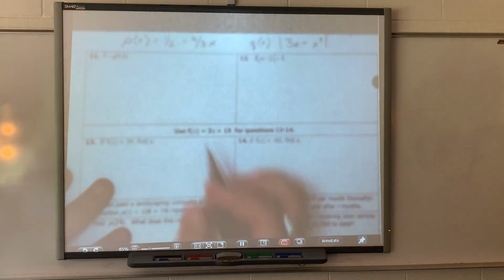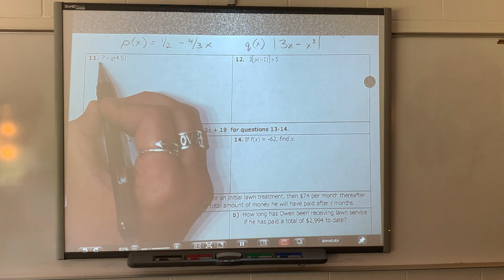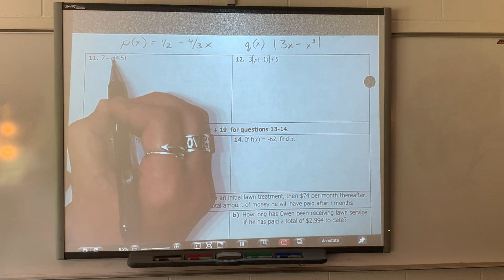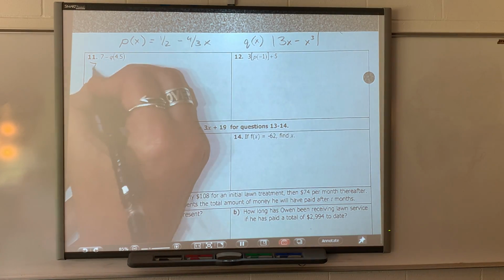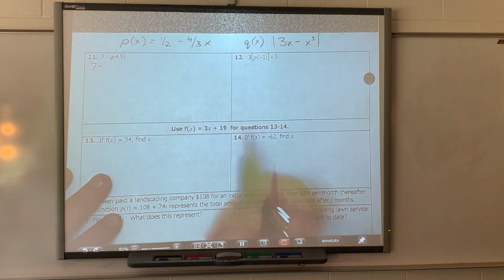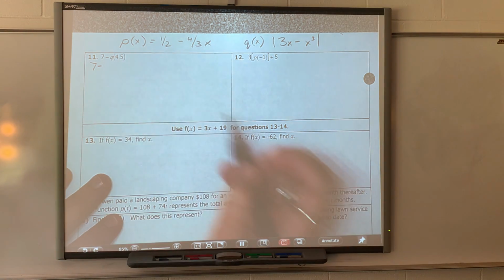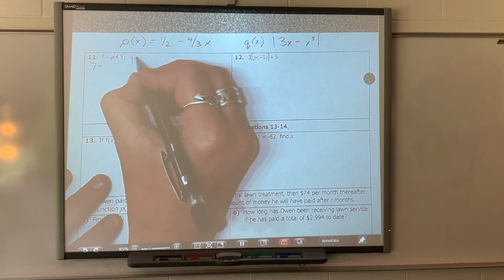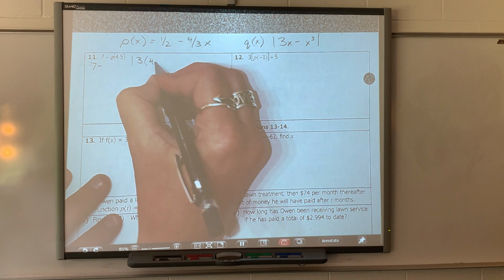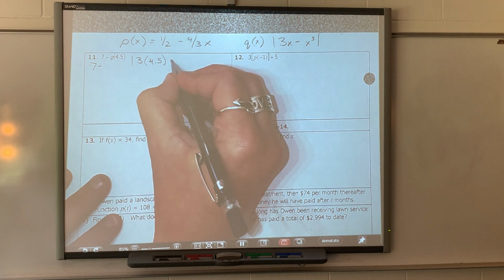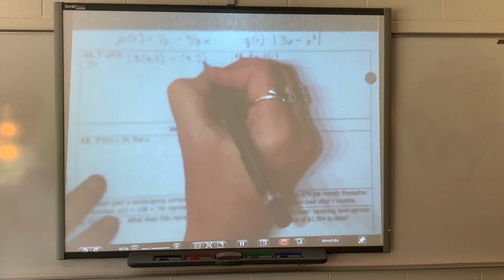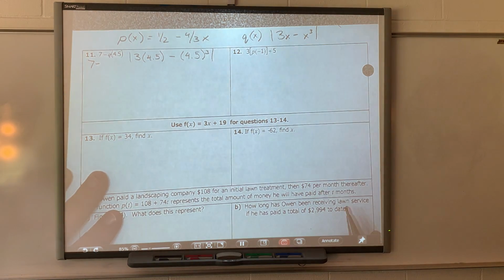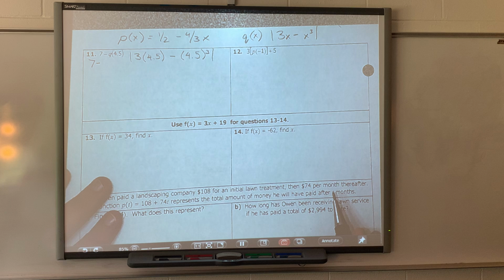All right, this one. So I have 7 minus Q of 4.5. The 7 minus has to stay and wait. We've got to deal with this part first. So I've got the absolute value of 3 times 4.5 minus, in my parentheses, 4.5 to the 3rd, close my absolute value.